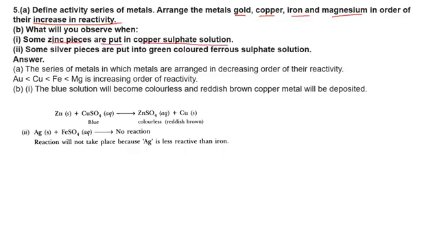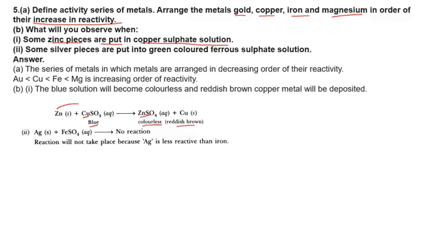Zinc is more reactive than copper, so you will find that copper is replaced by zinc. Initially the copper sulfate solution is blue in color, but zinc sulfate solution is colorless, and you will find reddish brown deposits on the metal.